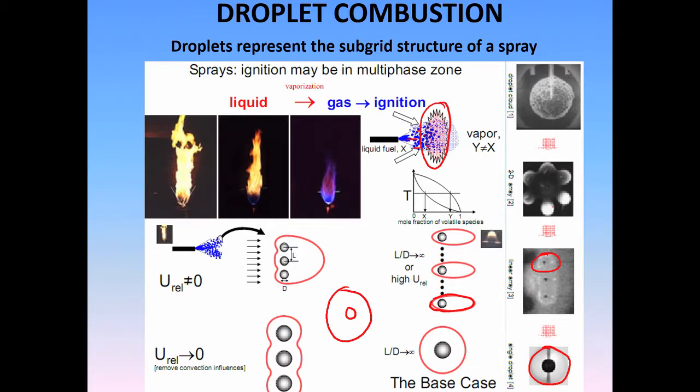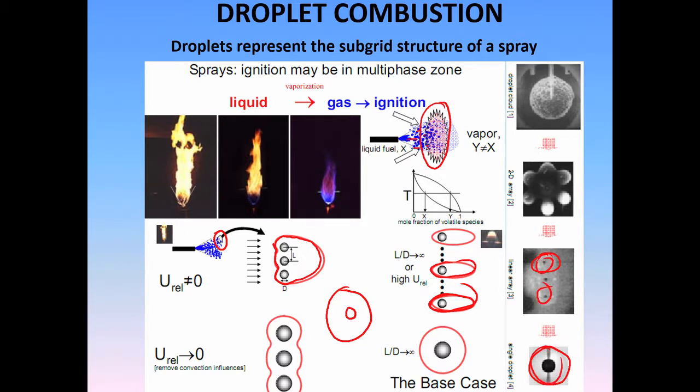If you zoom in on a region of the flame, you will find multiple droplets with an encompassing flame around them. Now, if it is a dilute spray, the droplets are further apart and you get separate flames around the droplets, like here or here.